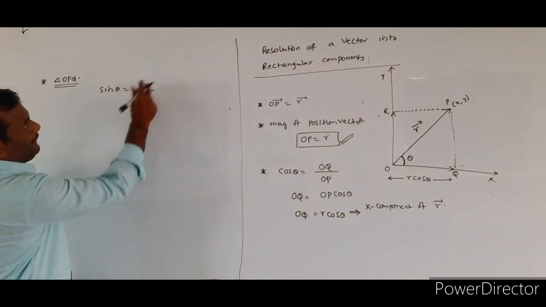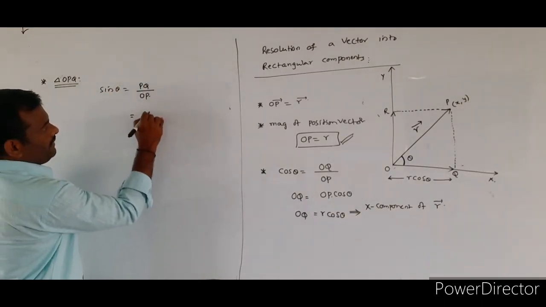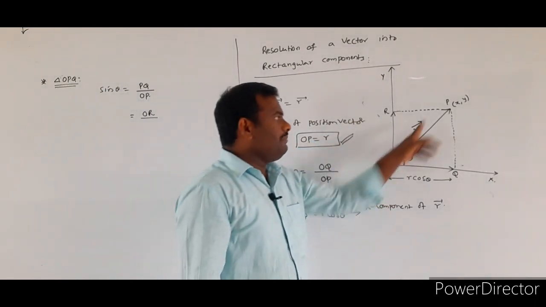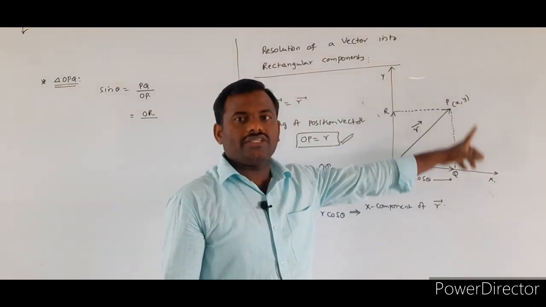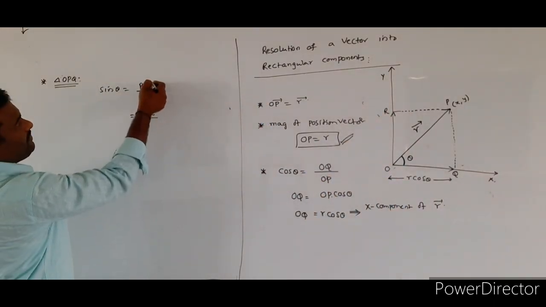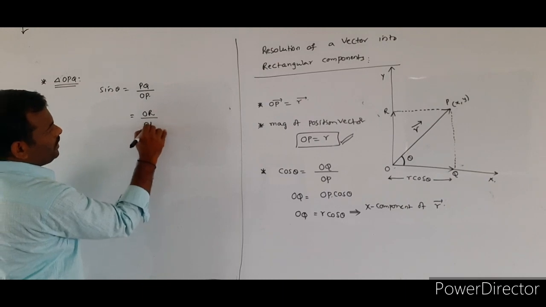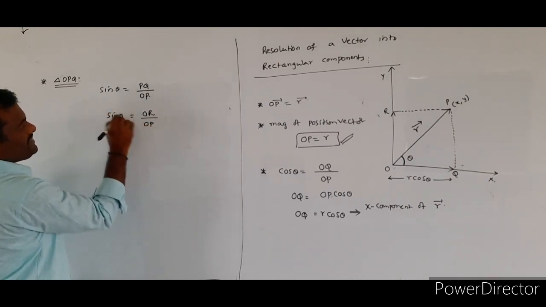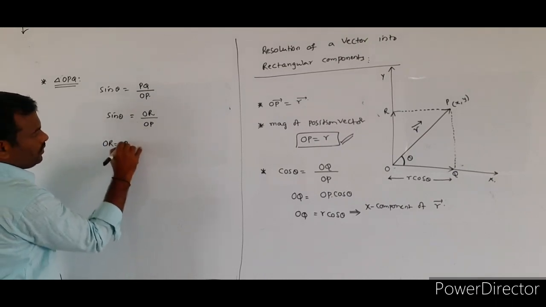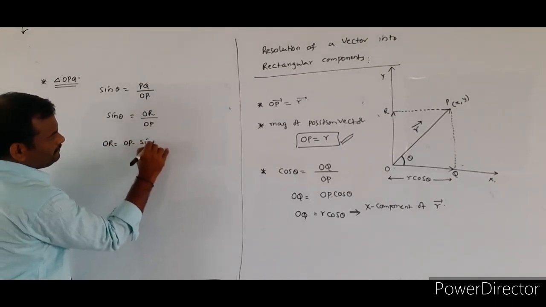Again, in the place of PQ we will write OR, because these two are parallel to each other and their magnitude remains the same. So OR by OP is equal to sin theta. From this, OR is equal to OP into sin theta.